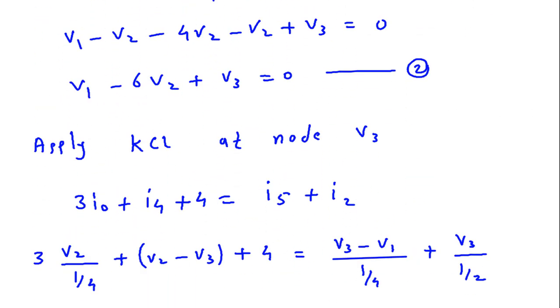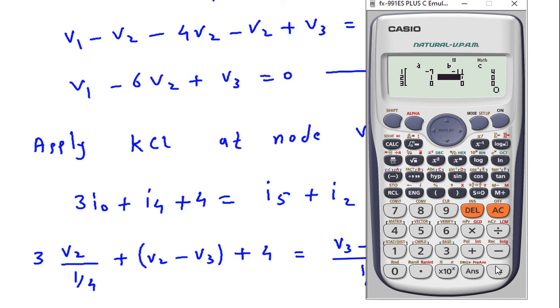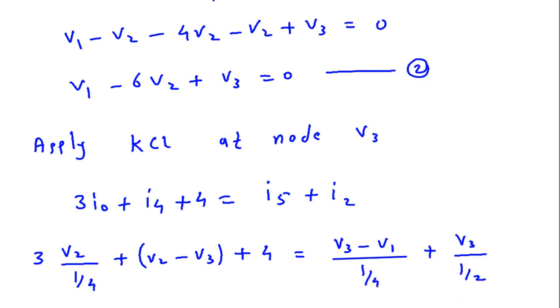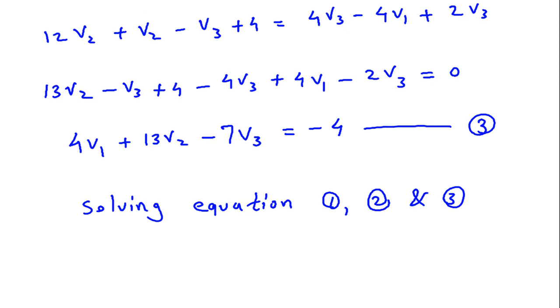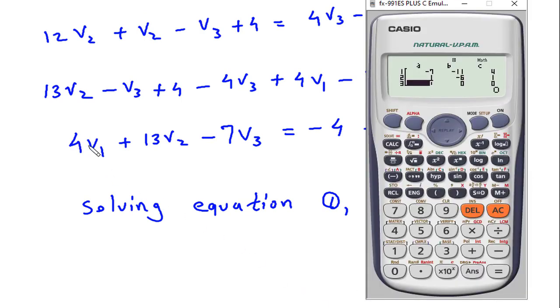Equation number 2: 1, minus 6, 1, 0. From equation number 3: 4, 13, minus 7, minus 4.